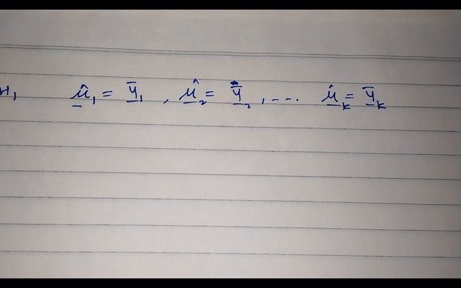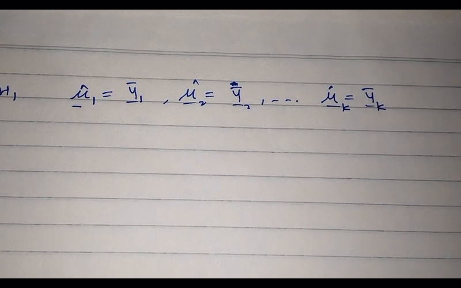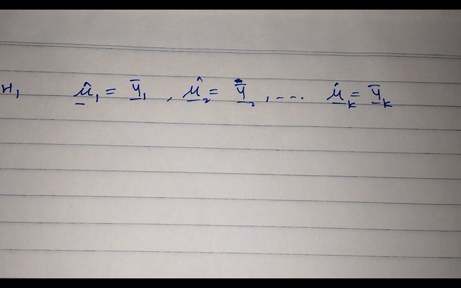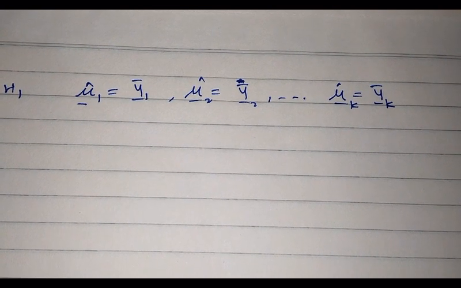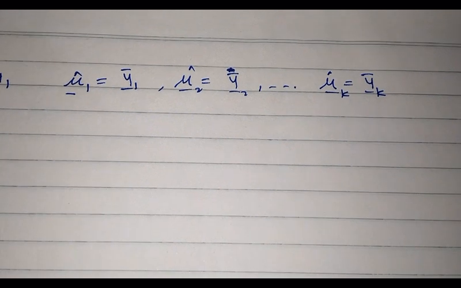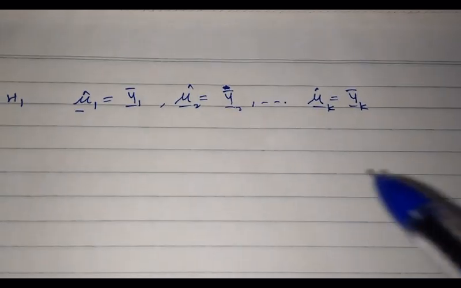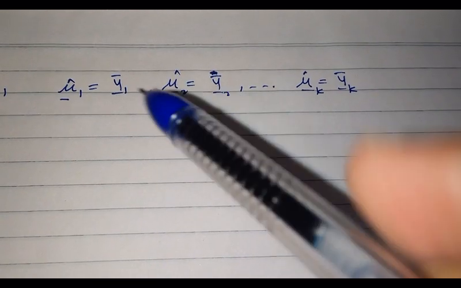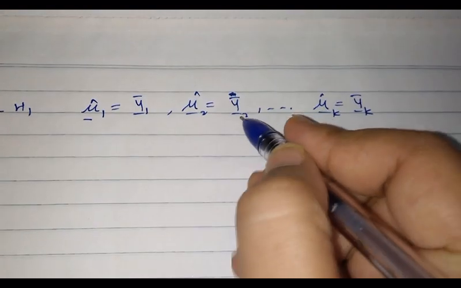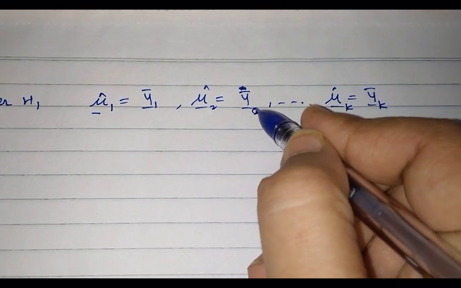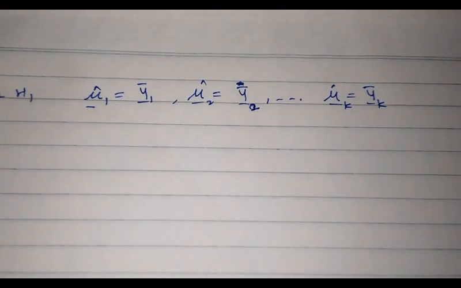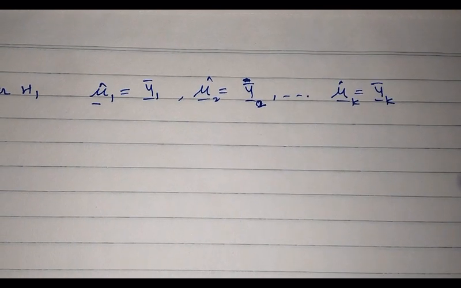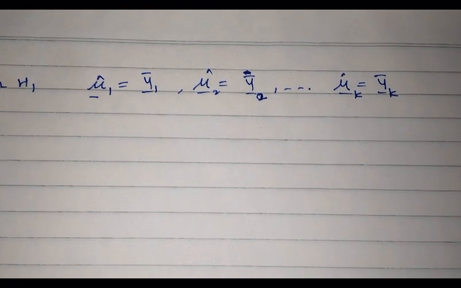All the other populations will not have any mu i in them. So when I take the derivative with respect to mu i, all those other components vanish, and what I am left with is just the contribution from the ith population, and hence the mean of the ith population becomes the MLE of the population mean for the ith population. Is it okay?